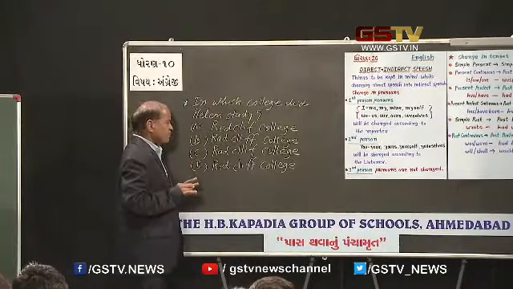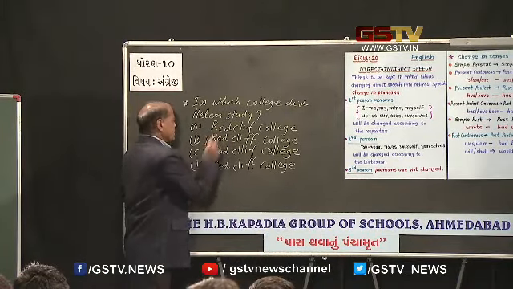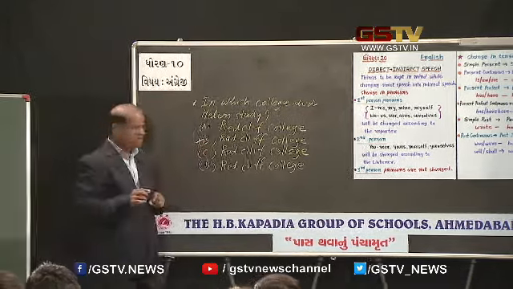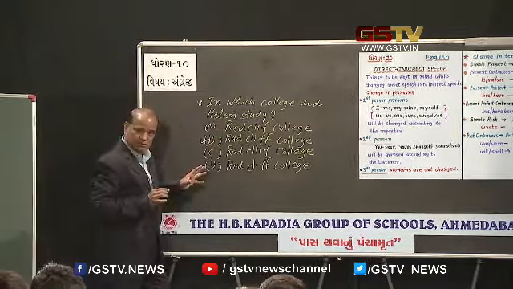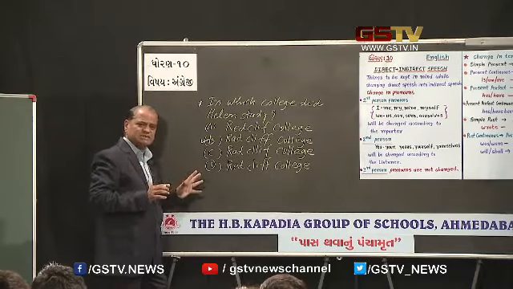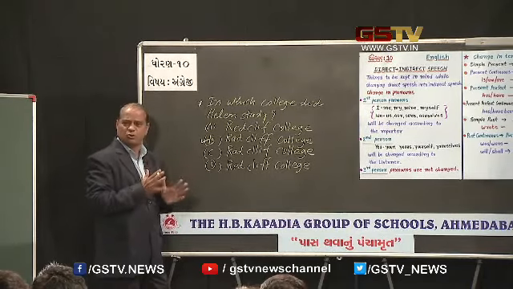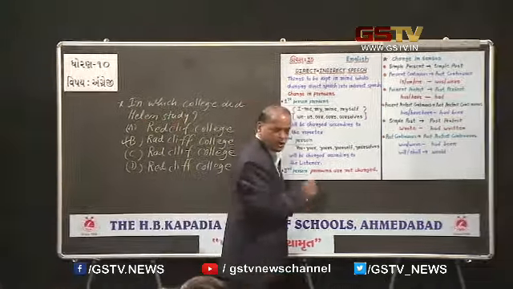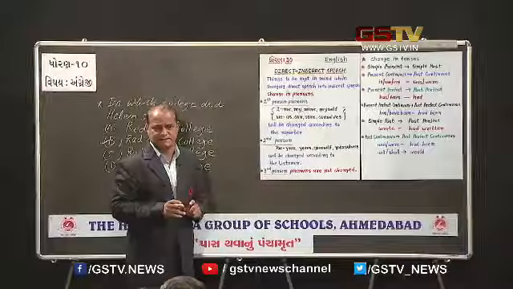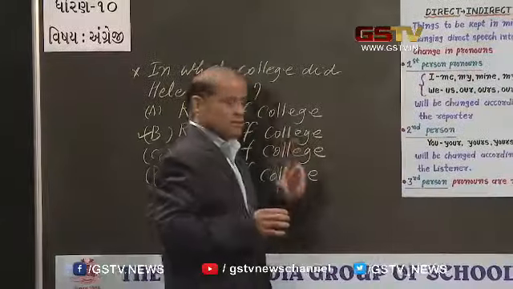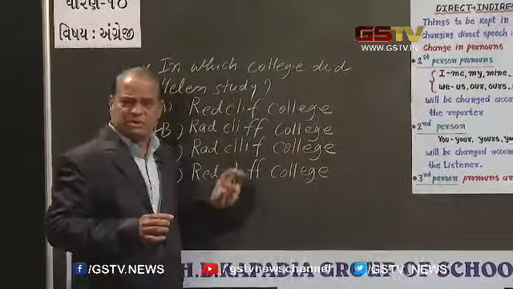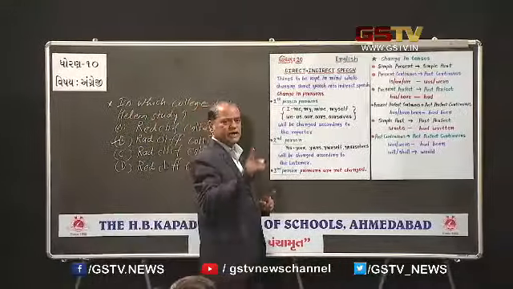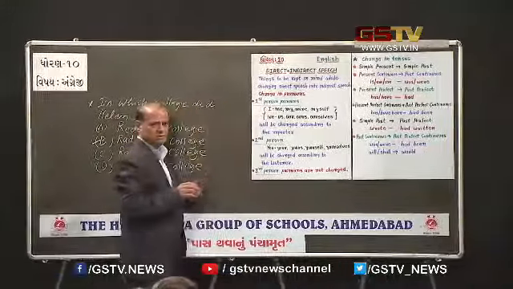You see here the right answer is B, Radcliffe College, but all the spellings look quite close, and at that time there is a much greater possibility of mistakes. So, while attempting comprehension, read the extract carefully and after that attempt the questions.